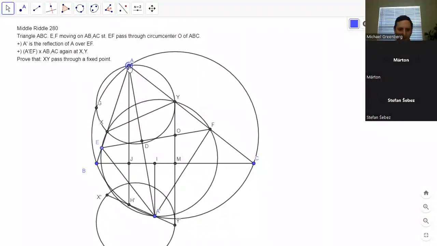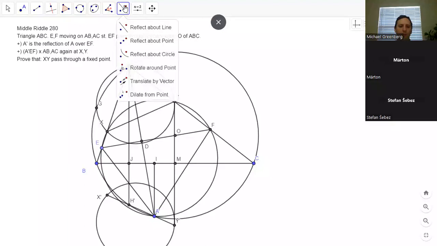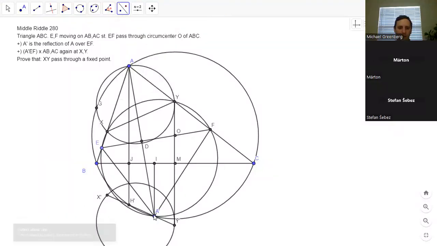How about you reflect A prime instead of X and Y? Let's see. If I reflect A prime instead of X and Y, then you want to show it is on XY. Yes, that would work too.